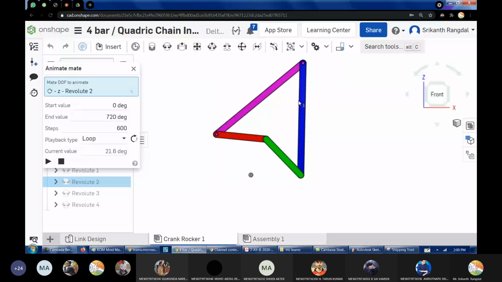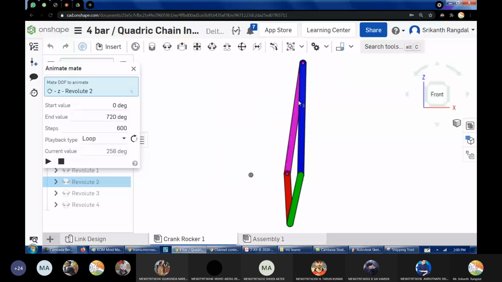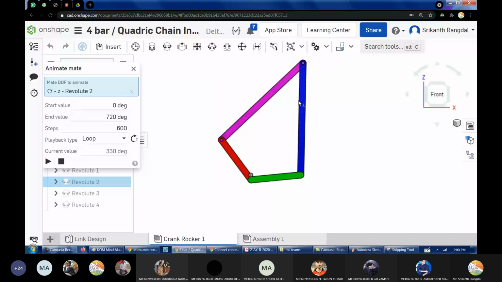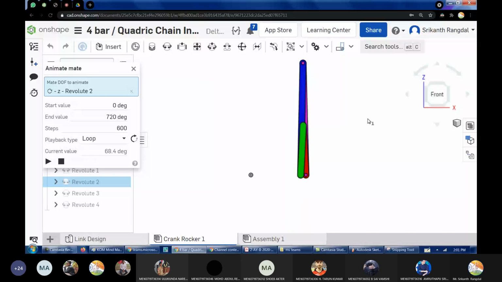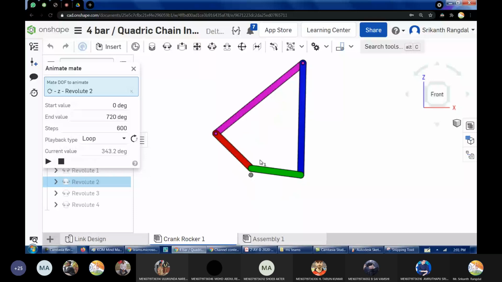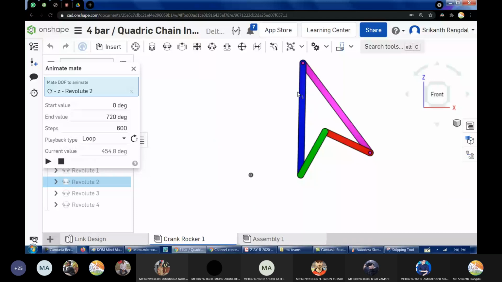So the special thing here is that the pink link is oscillating on both sides. But in the previous case, the rocker oscillated on the same side of the fixed link.